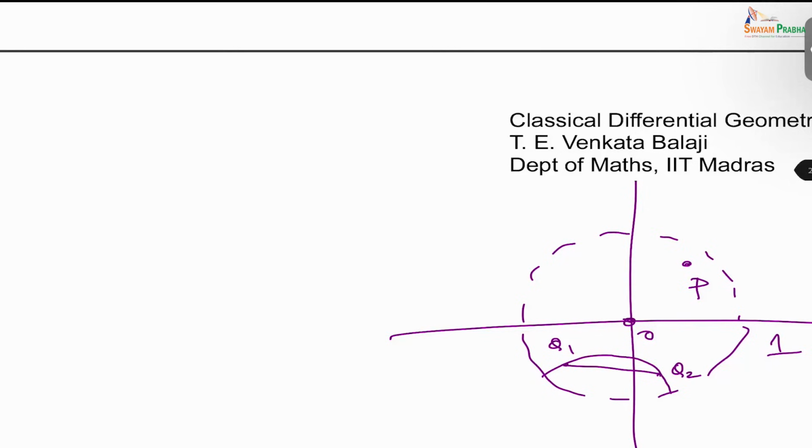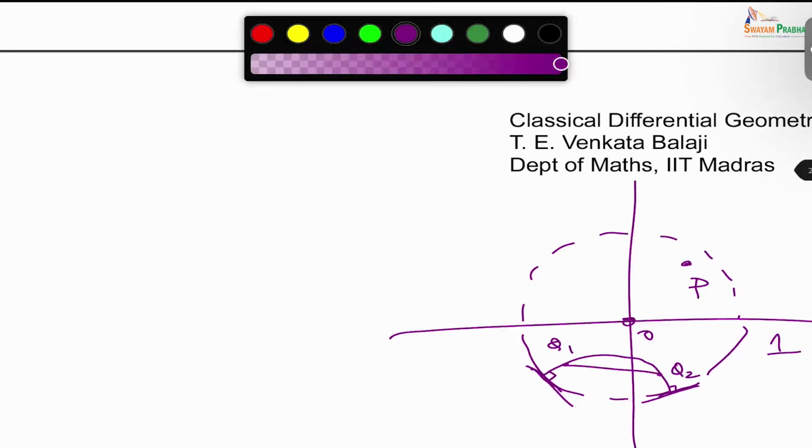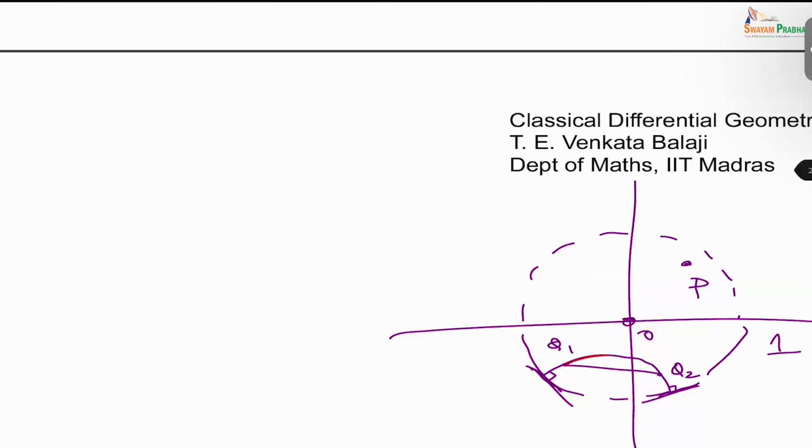This circle is orthogonal to the unit circle, so if I draw the tangent here, it is 90 degrees, and if I draw the tangent here, it is 90 degrees. And believe it or not, here is the amazing thing. You see, this distance, this red distance along this curved thing, is lesser in the hyperbolic metric than the straight distance.